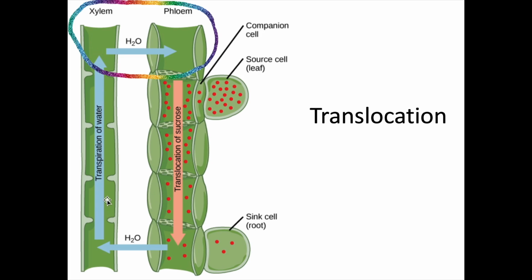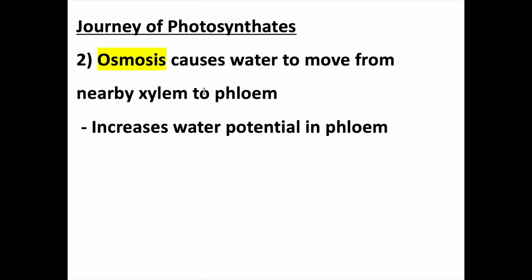It's not pure 100% water. There are some ions and stuff dissolved in the water in the xylem, but it has pretty low solute concentration. In contrast, in the phloem, there are a lot of solutes, all these sugars that we just actively transported in there. So water is going to naturally move from the xylem to the phloem. So osmosis causes water to move from the nearby xylem to the phloem.